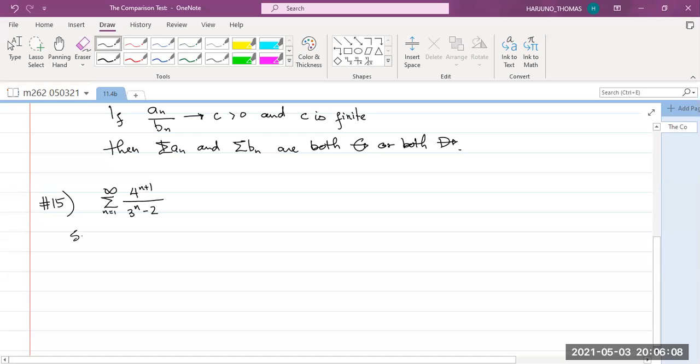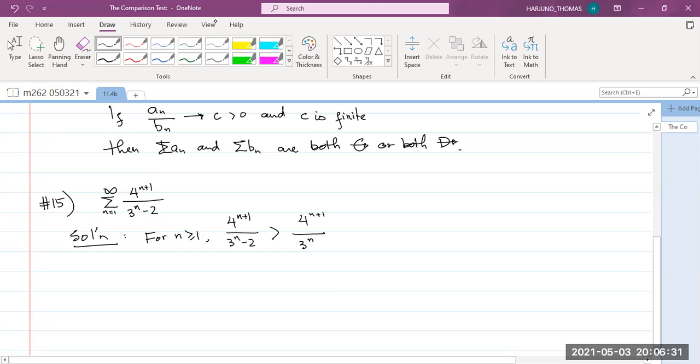Notice that for n greater or equal to 1, we see that 4 to the n plus 1 over 3 to the n minus 2 must be greater than 4 to the n minus 1 over 3 to the n.